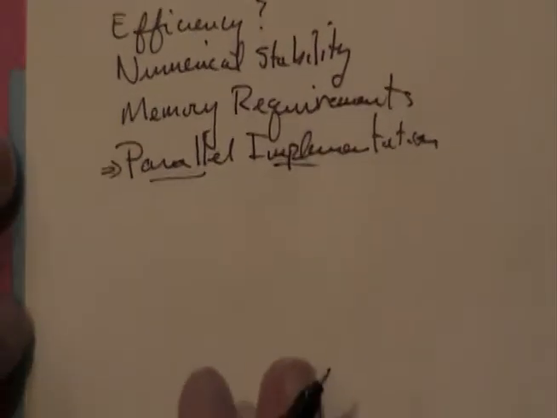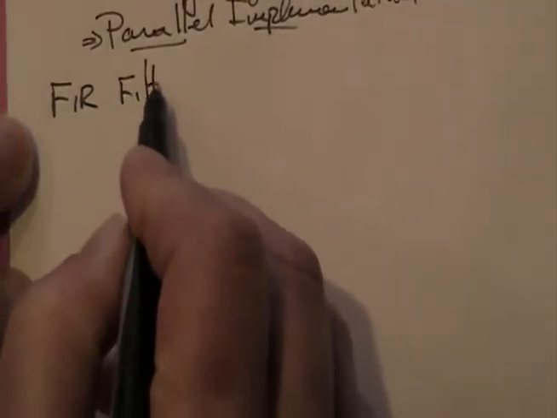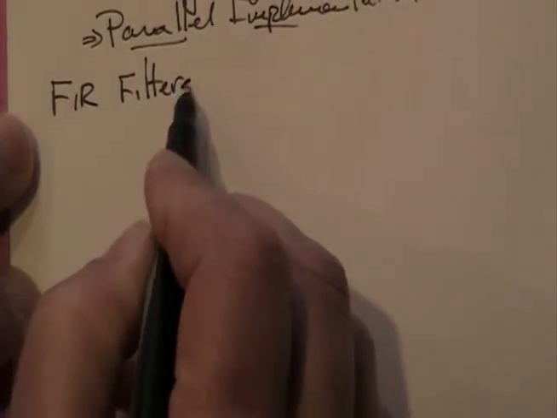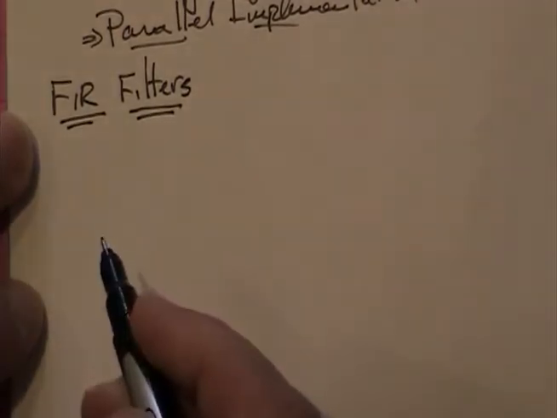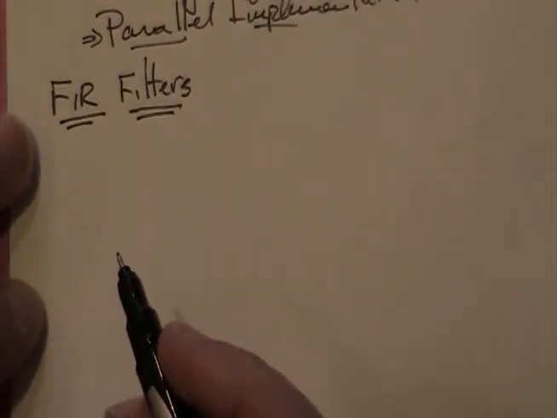I'm going to start this story off talking about FIR filters. In some cases, these implementations end up translating into our filter design, so we need to talk through this a little bit ahead of time.